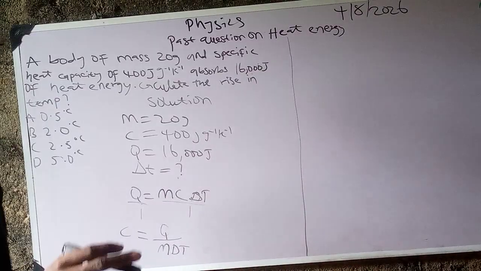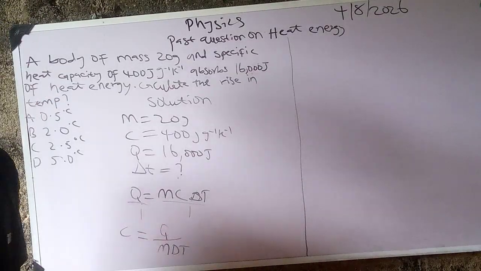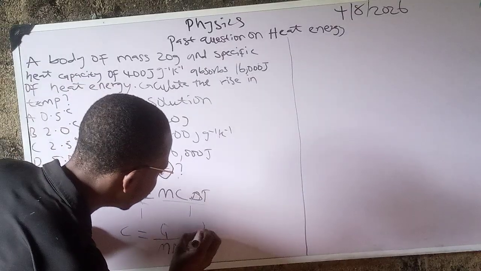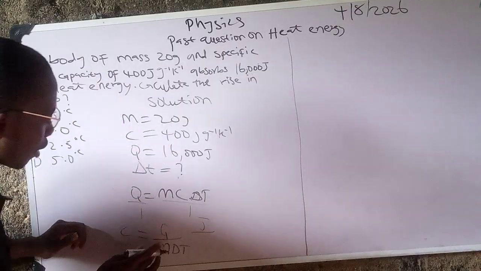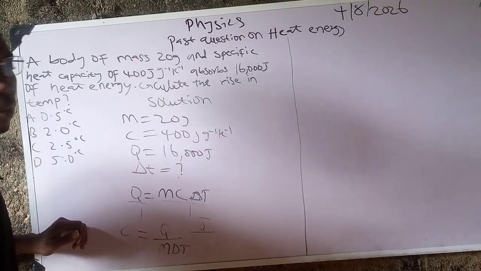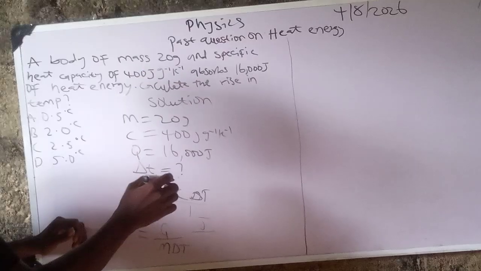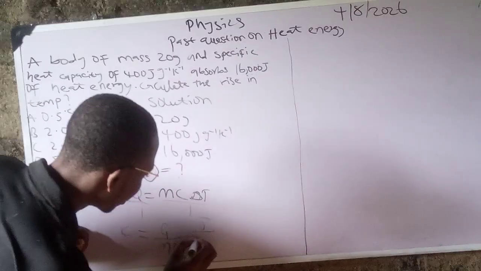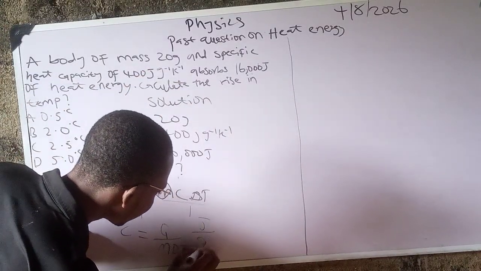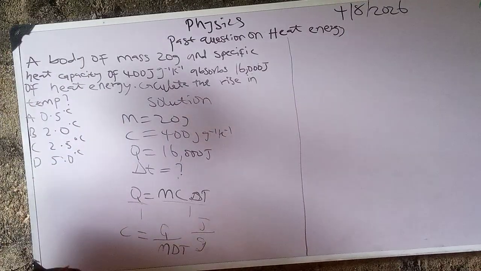Now to bring out the SI unit, heat energy is measured in what? In joule. That is joule over mass is measured in what? Kilogram or gram. But in this question, they leave the mass in gram. So I'm going to put gram. Then change in T is measured in what?